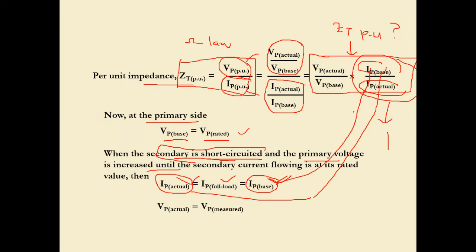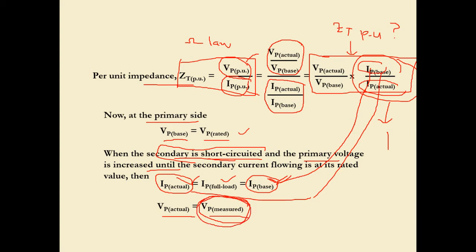So they're equal, and then VP actual equals the VP measured. After we short circuit the secondary part, we go to the terminal of the primary side of the transformer, so we may measure the voltage, the rated voltage or the operating voltage.